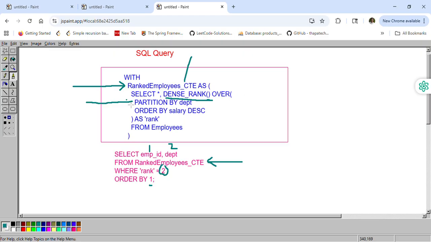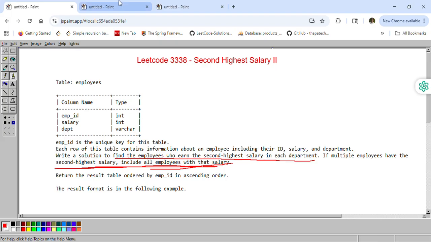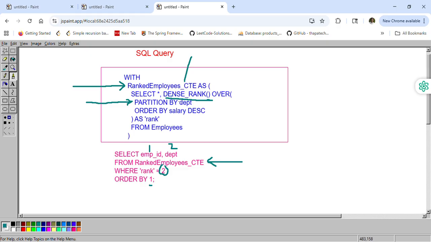If you know this, these kinds of problems you can easily solve. This is a very common interview question, and in-person rounds also you will get asked these questions, and they are not really very difficult. It's just a matter that you should know these couple of functions and how to use them.